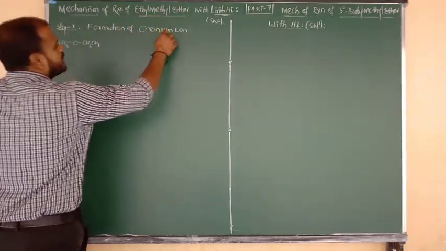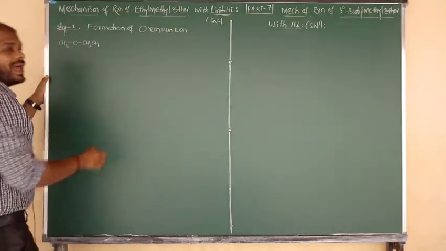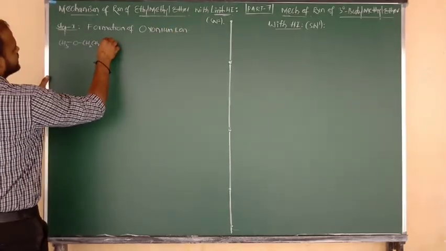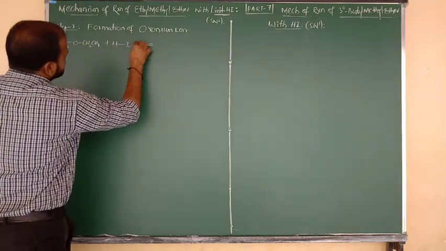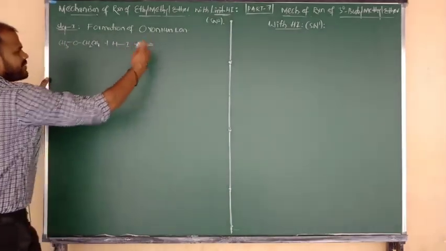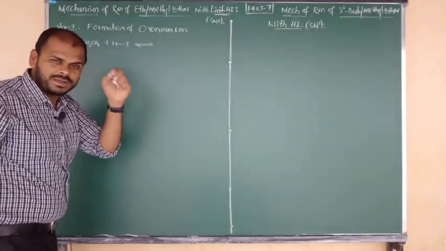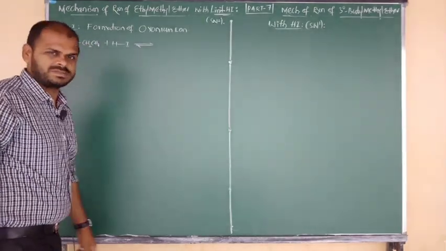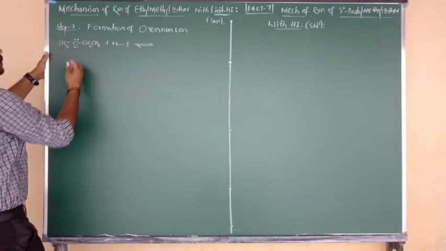It undergoes protonation, the reaction with hydrogen iodide, HI. Try to remember that formation of the oxonium ion, or protonation, is always a reversible process. Now here oxygen contains two lone pairs.